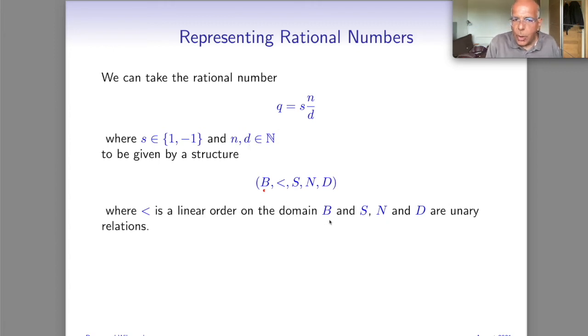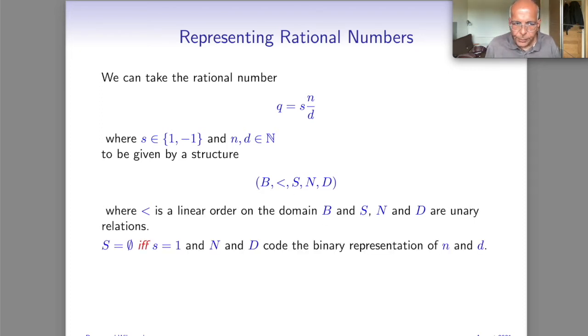We have a linear order on B, and S, N, and D are unary relations, where we understand S to be empty if the sign is 1, and non-empty if the sign is minus 1. And N and D code the binary representation of the numerator and denominator, respectively, right?